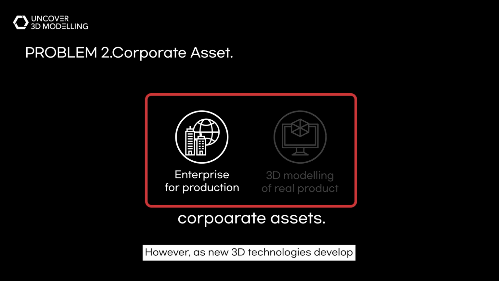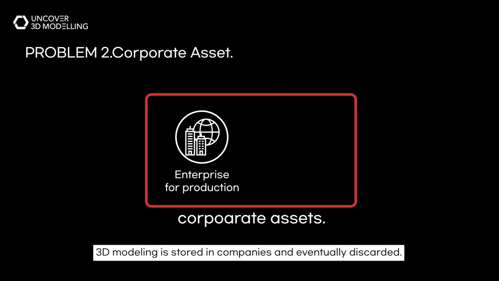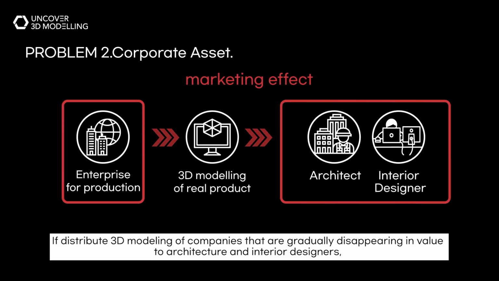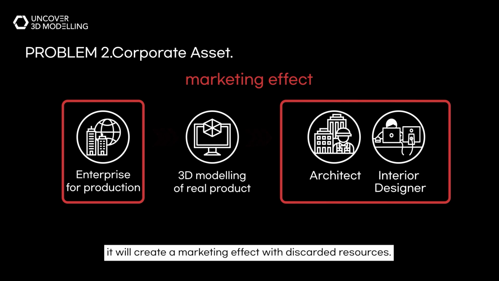However, as new 3D technology develops, 3D modeling is stored in companies and eventually discarded. If we distribute the 3D modeling of companies, whose value is gradually disappearing, to architecture and interior designers, it will create a marketing effect with a discarded resource.